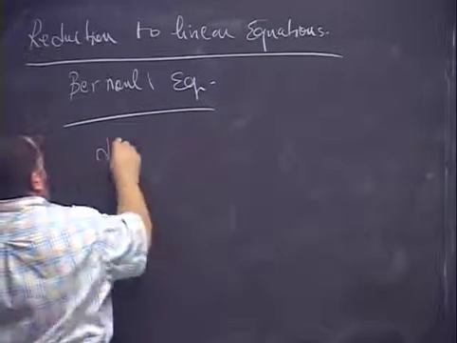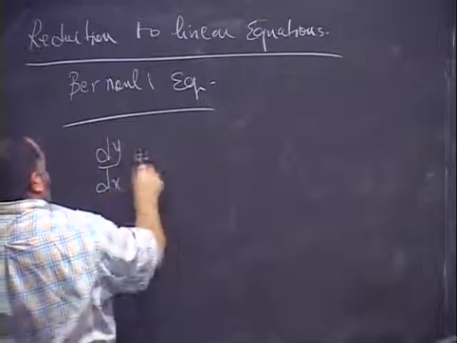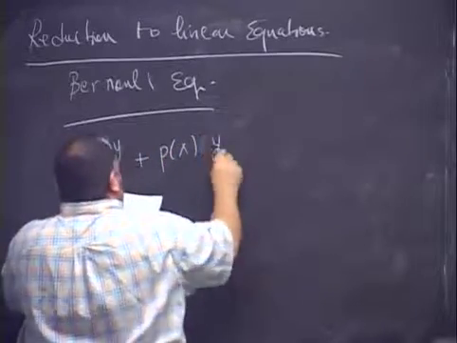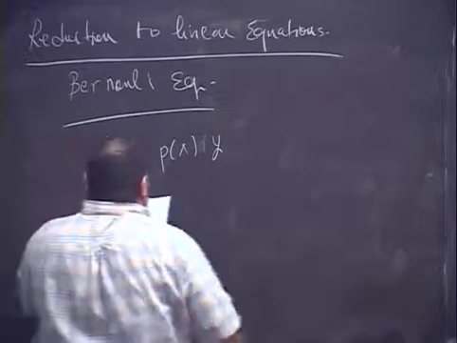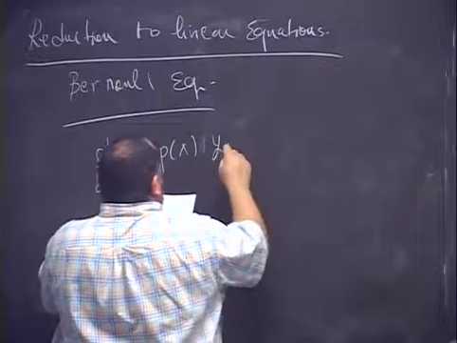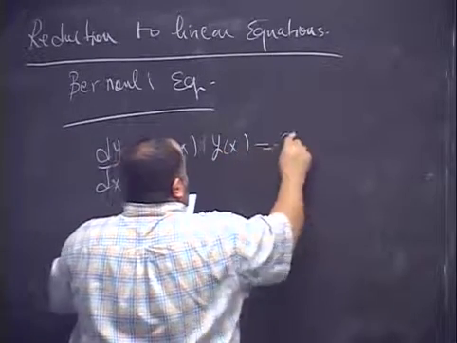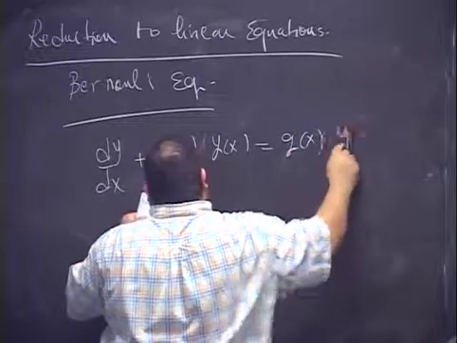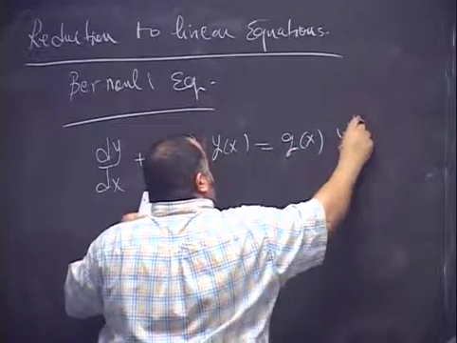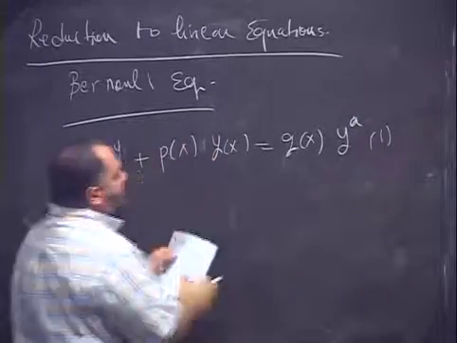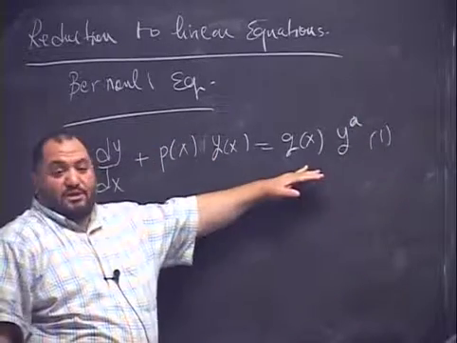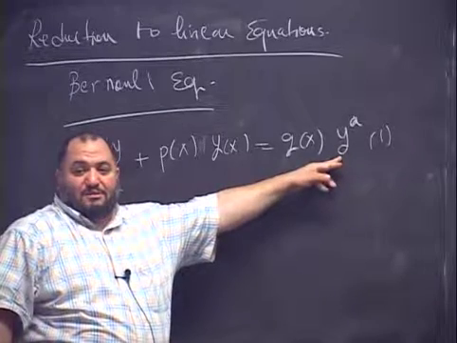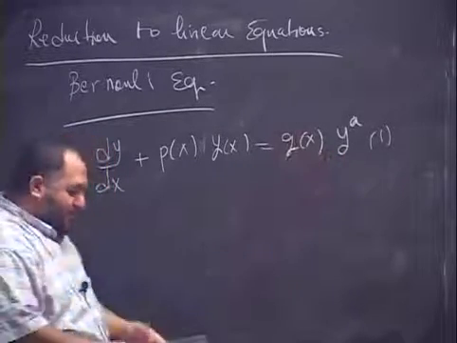The equation is just dy by dx plus p of x multiplied by y of x equal to q of x or g of x multiplied by y to the power of a. So now this is no longer a first order linear equation because we multiply by y to the power of a.